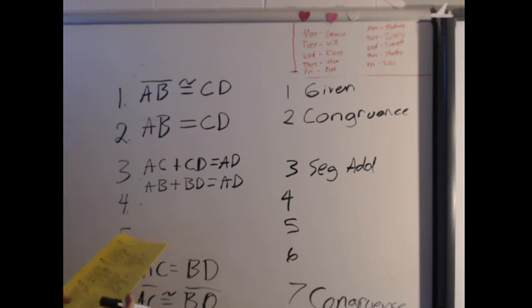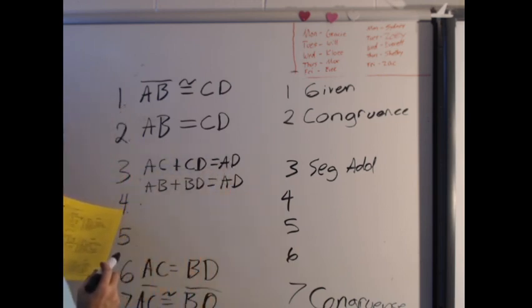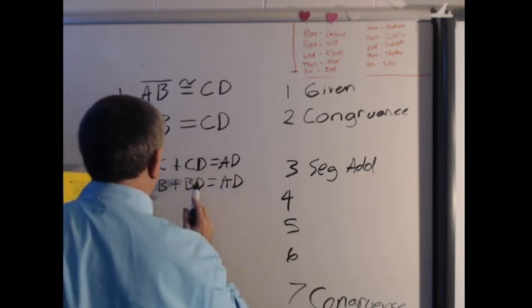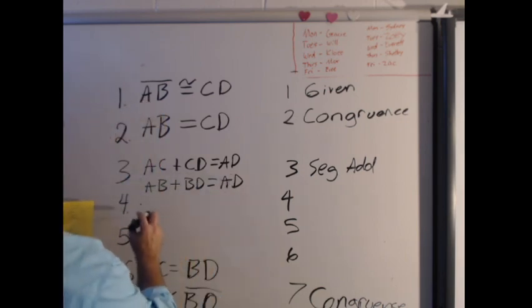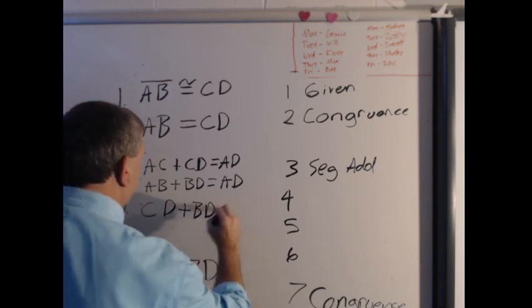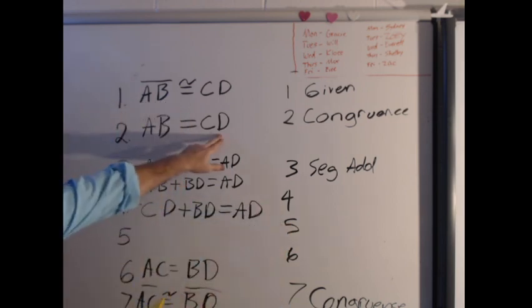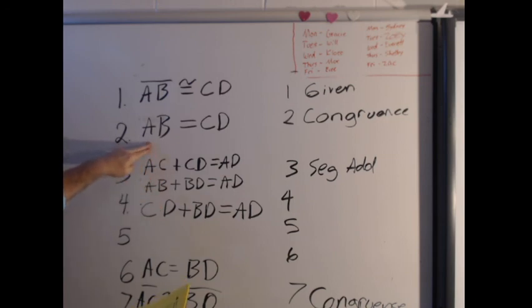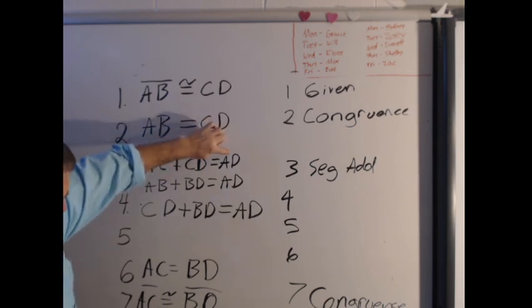Okay, so now step 4. Okay, to where I take AC plus CD is equal to AD, and AB plus BD equals AD. So now in step 4, I can say CD plus BD equals AD. And this is why. Look back up here. If AB is equal to CD, these two are the same. Okay? And they equal the same amount.